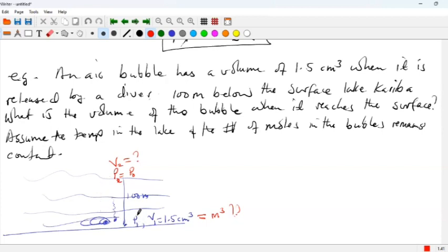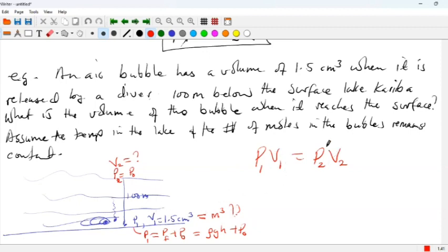The pressure here can be found because we know the pressure at the bottom of a fluid is equal to the fluid pressure plus the atmospheric pressure, which is rho g h plus atmospheric pressure. So this is the pressure at the bottom here. Therefore, we can use P1 V1 equals P2 V2, where pressure 1 we have found, and volume 1 is given.